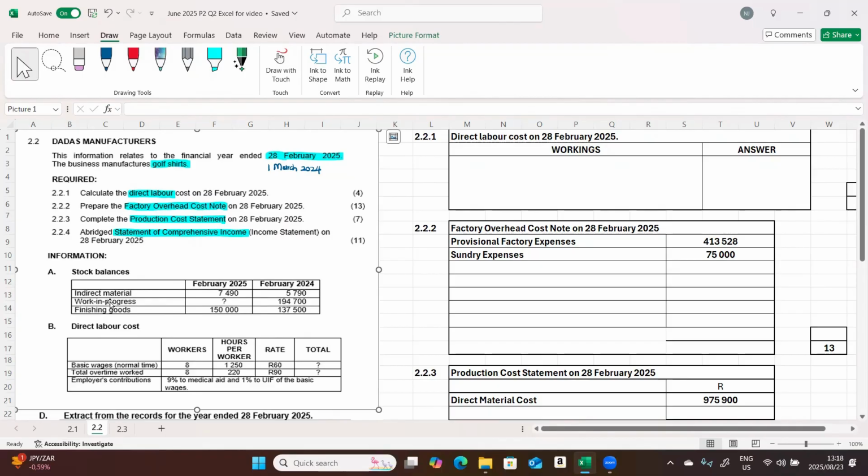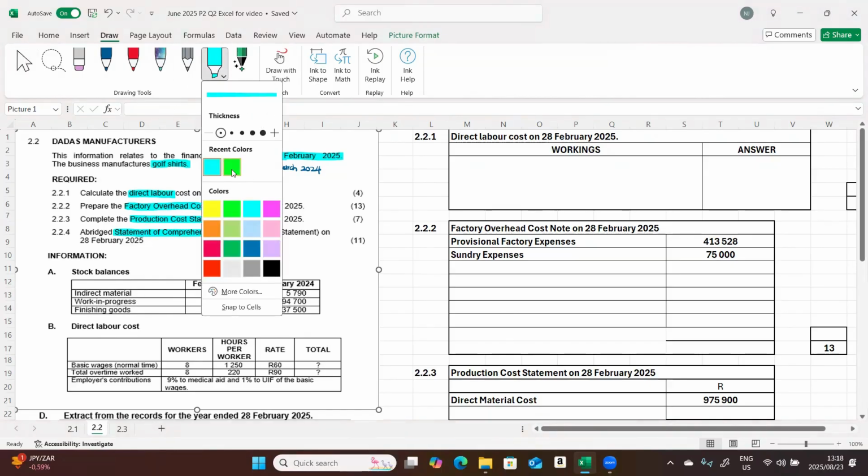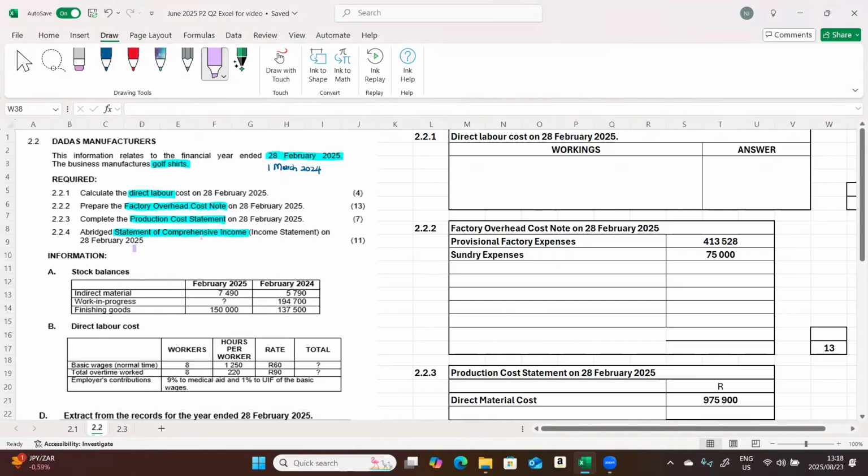You are losing unnecessary marks when you ignore your stock balances. So indirect material, this is the first stock balance that they provide. Let's have a highlighter for information number A, our stock balances.